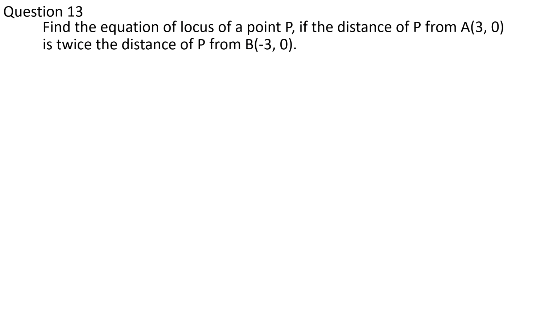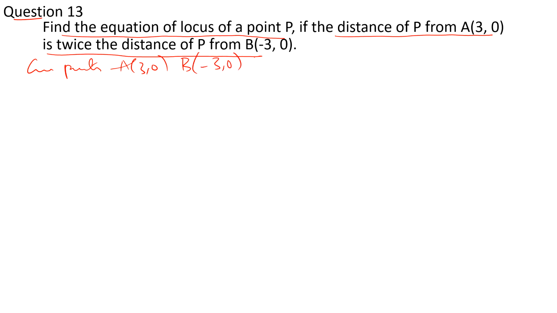Now question number 13. Find the equation of the locus of point P. The distance of P from A is twice the distance of P from B. Very simple, given points A (3, 0) and B (minus 3, 0). We have already done this twice, on the keyword of twice. Next, let P(x, y) be a point on the locus.